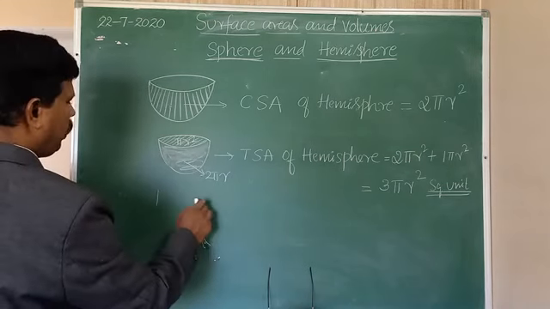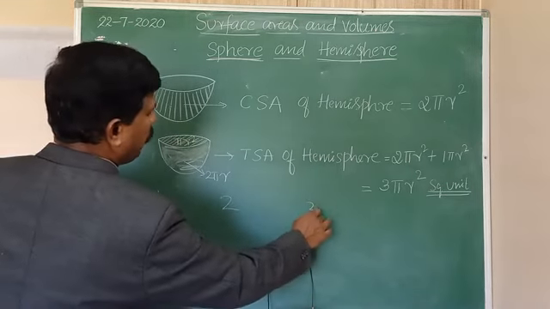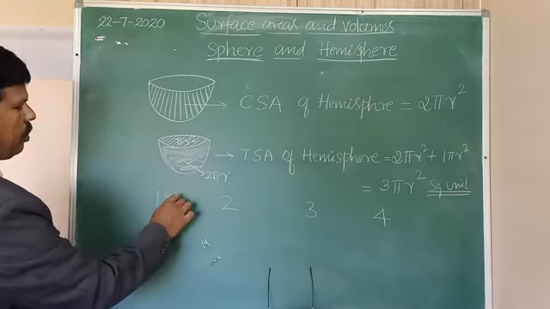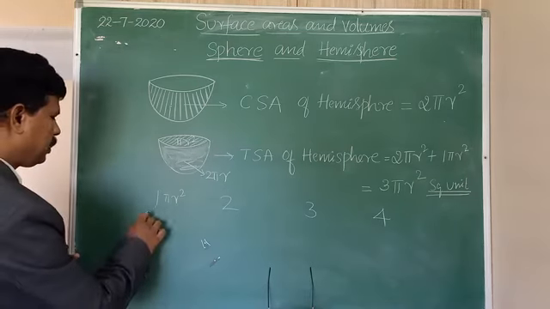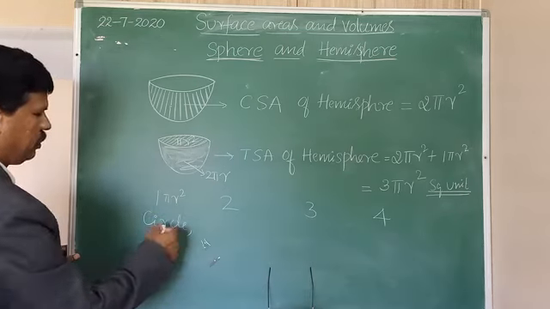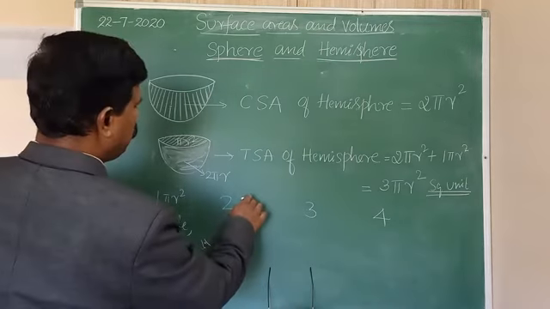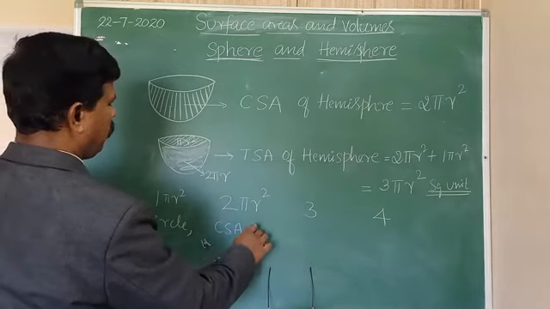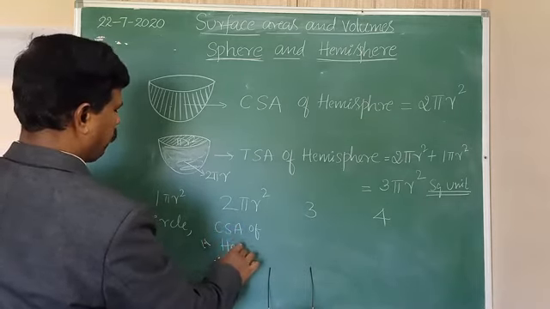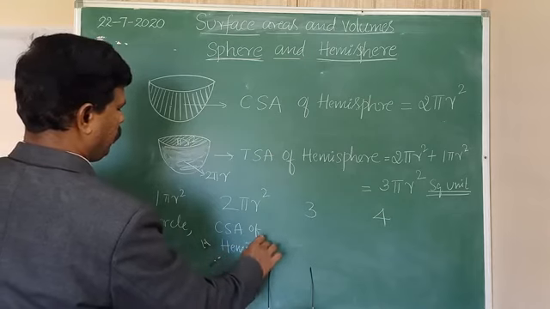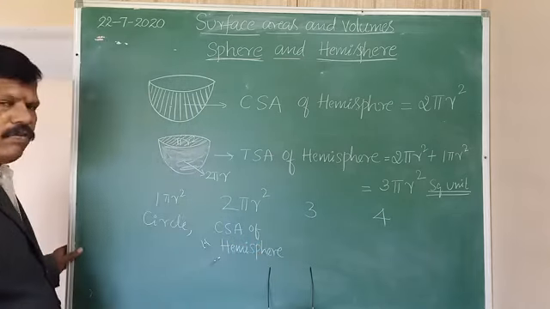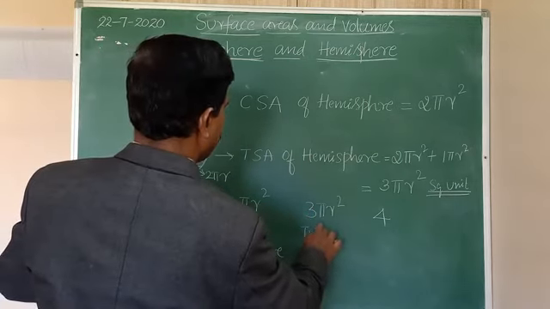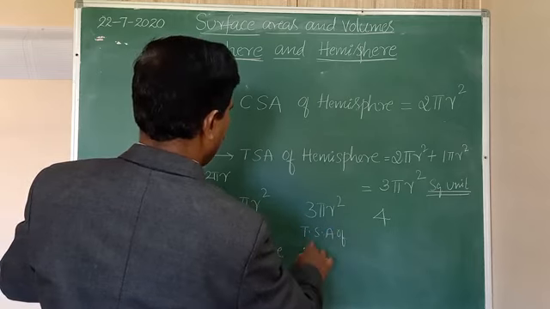Here is 1 pi r square, which is the circle. 2 pi r square is CSA of hemisphere. 3 pi r square is total surface area of hemisphere.